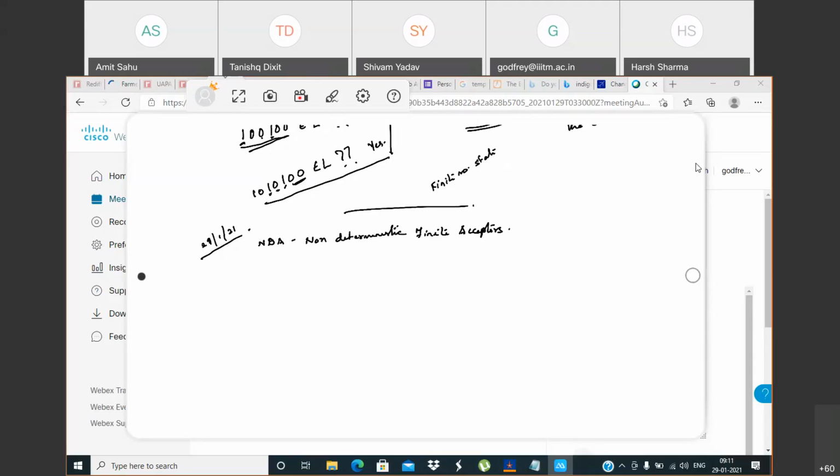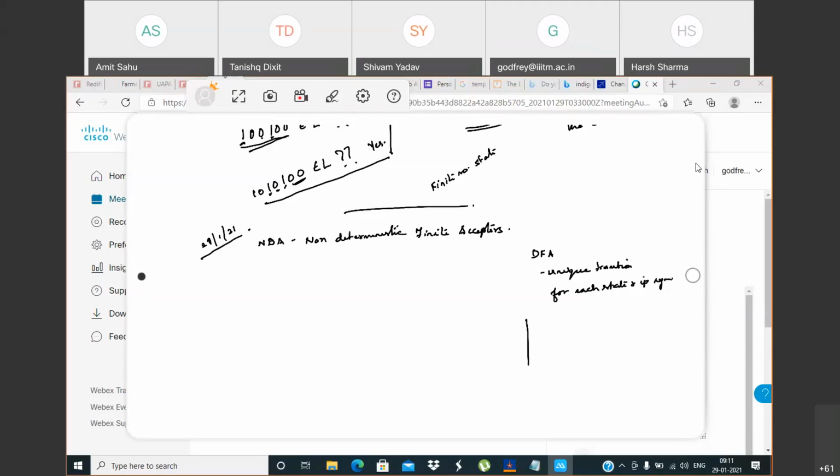The reason being that with respect to a DFA, you have a unique transition for each state and input symbol.